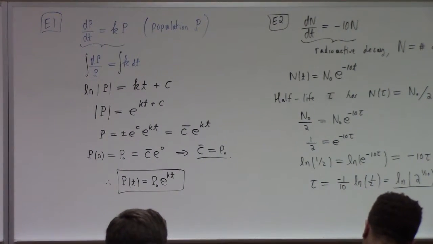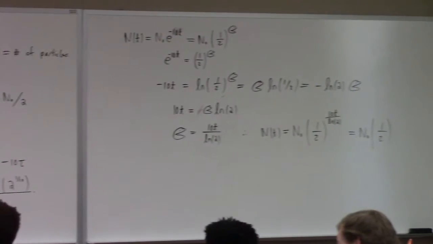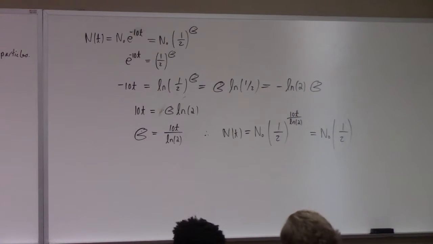So guys, look at the last thing we got to. Can you see it? Can you tell me how to rewrite the last formula we got in terms of tau?